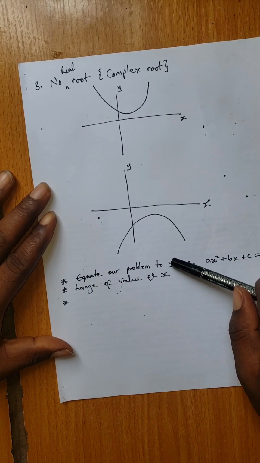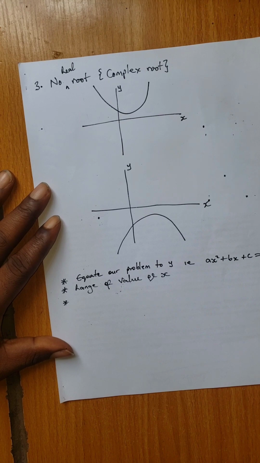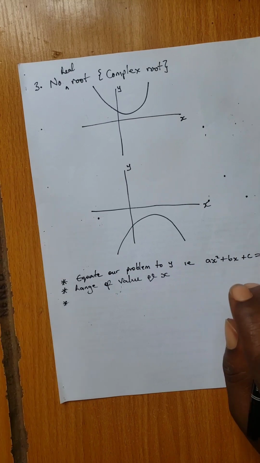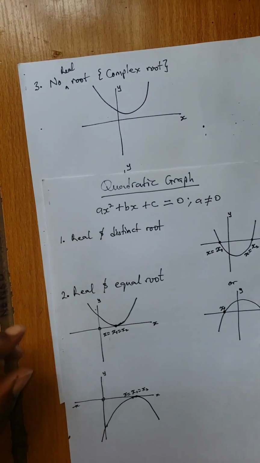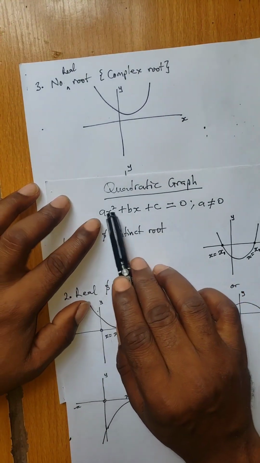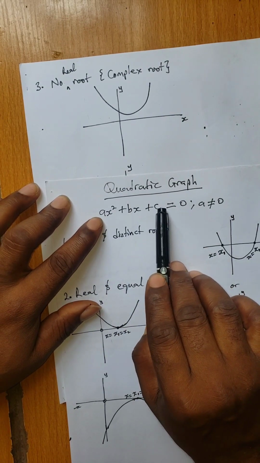Now this step is not actually too necessary, because when the examiner wants you to plot a graph of a quadratic, they will not give you something like this to plot, because there's no way you can plot this on a Cartesian plane. Why?